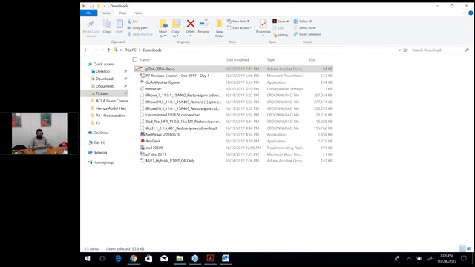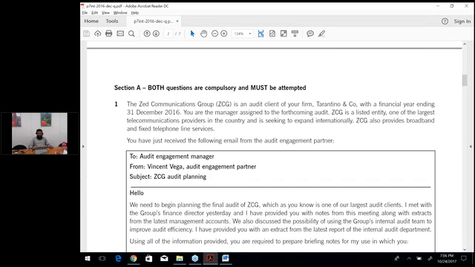It says the Z Communication Group is an audit client of your firm Tarantino & Co, with a financial year ending 31st December 2016, and you're a manager assigned to it.